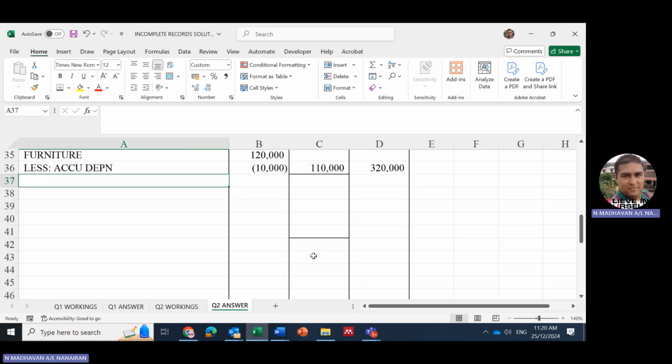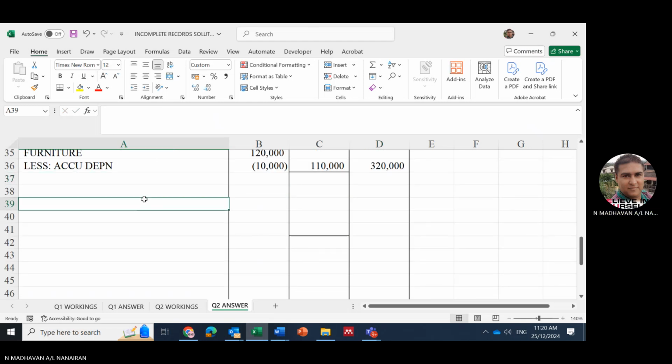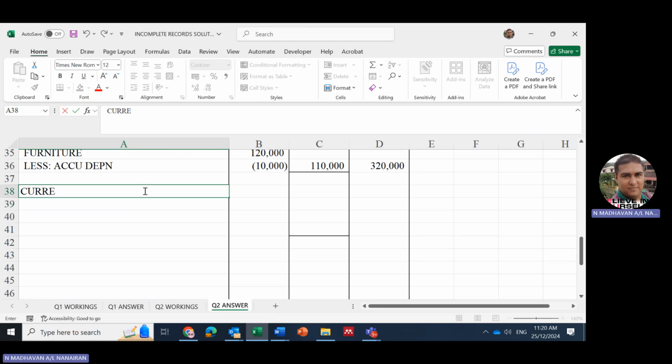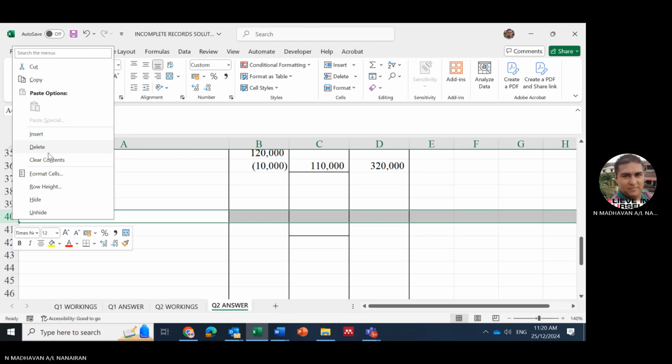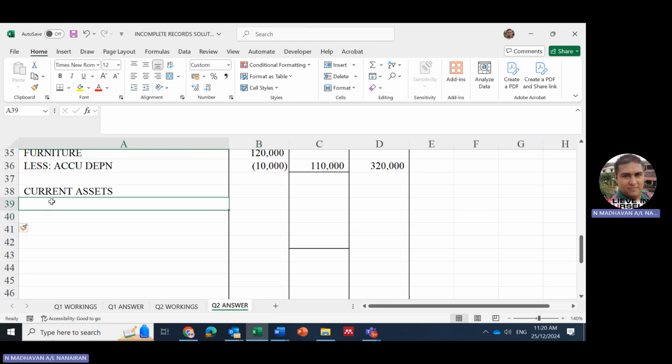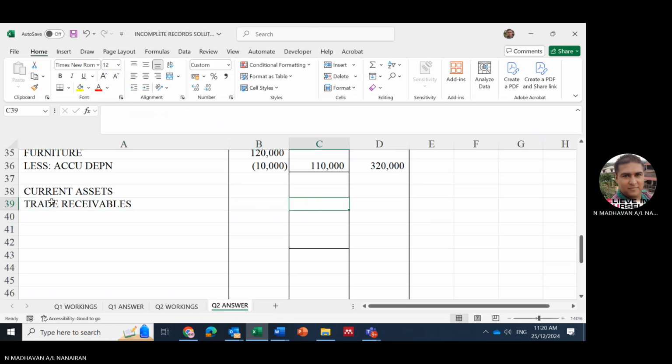Awesome. Next, you have your current assets. We start off with trade receivables. How much? It's in the question, right?